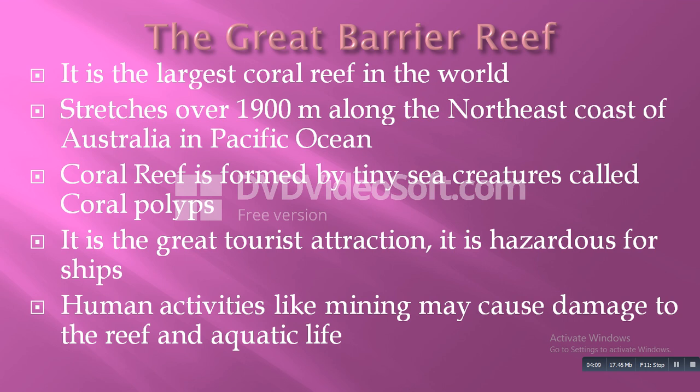They live in shallow, warm, salty water of the sea. They secrete calcium carbonate, a white substance which after the death of the polyp consolidates into a ridge-like structure in many shapes and sizes.